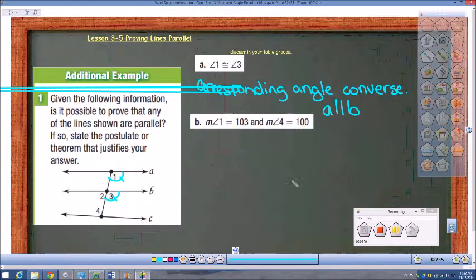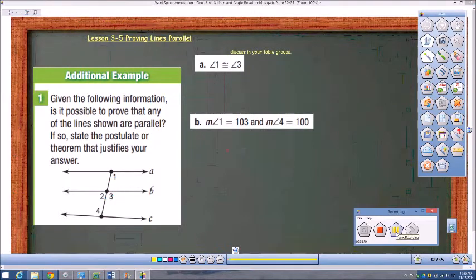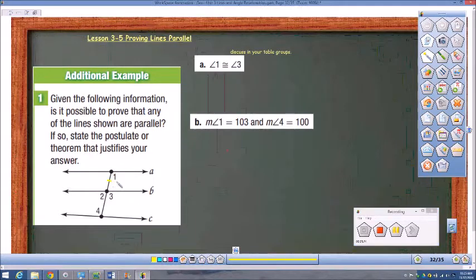So go ahead and pause again. Try to figure out the second one, where the measure of angle 1 is 103 degrees, the measure of angle 4 is 100 degrees, and tell us if that can tell us anything about two lines being parallel or not. Okay, so the measure of angle 1 is right here, and it's 103 degrees. And the measure of angle 4 is right here, and it's 100 degrees.